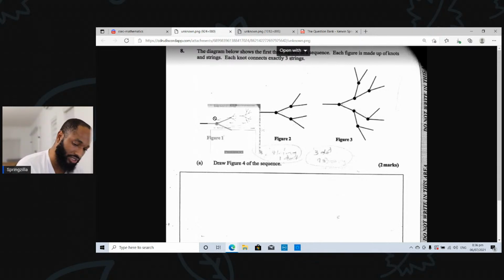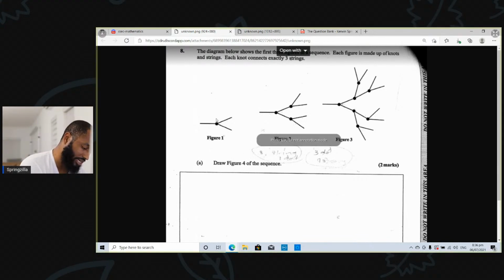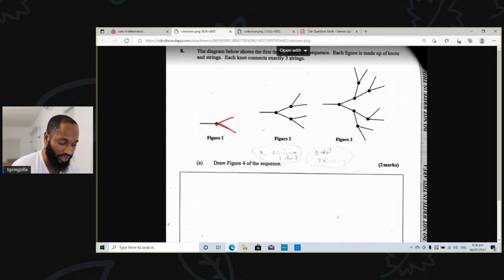The problem with this question is it's splitting in two every time, so it's going up exponentially. First you have 2, then you have 4, then you have 8, which kind of tells you how to do this question. If somebody sends me another question like this, I'll show you how to usually do these questions, or I'll just write the name of this topic, investigation.